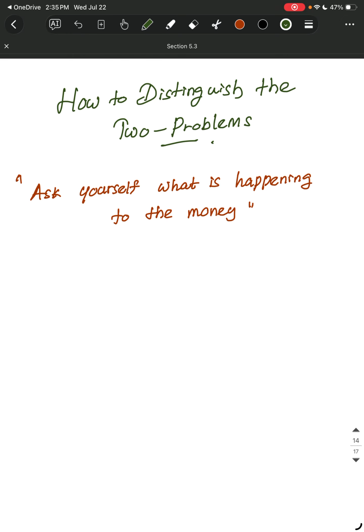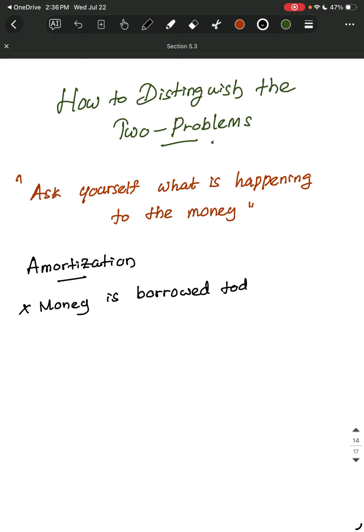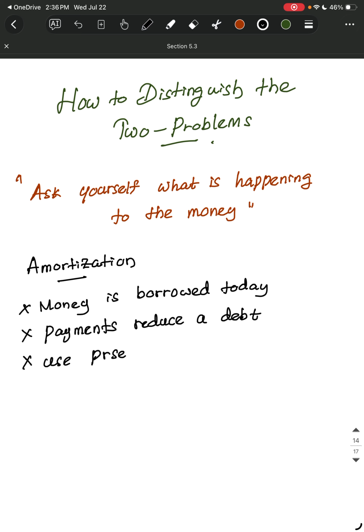Those are the things you can identify when a question says amortization.